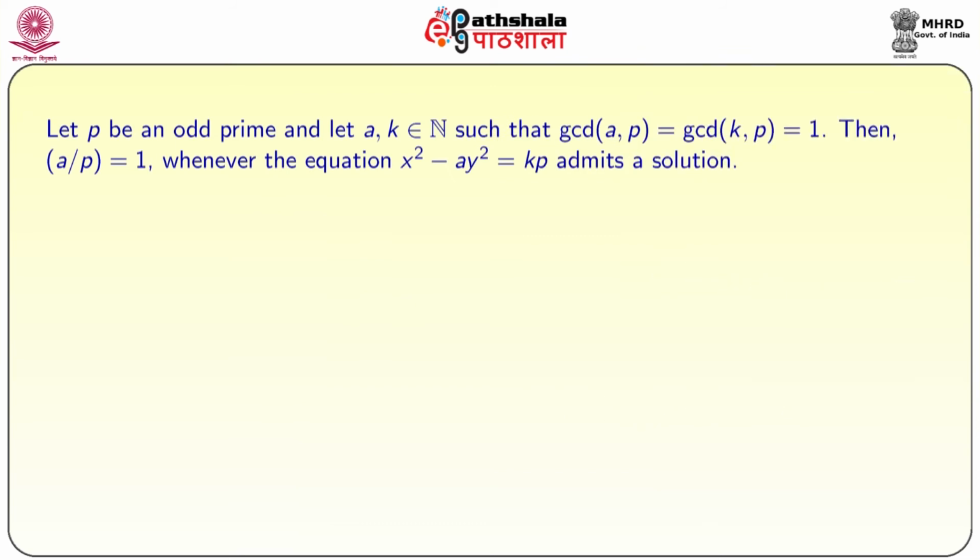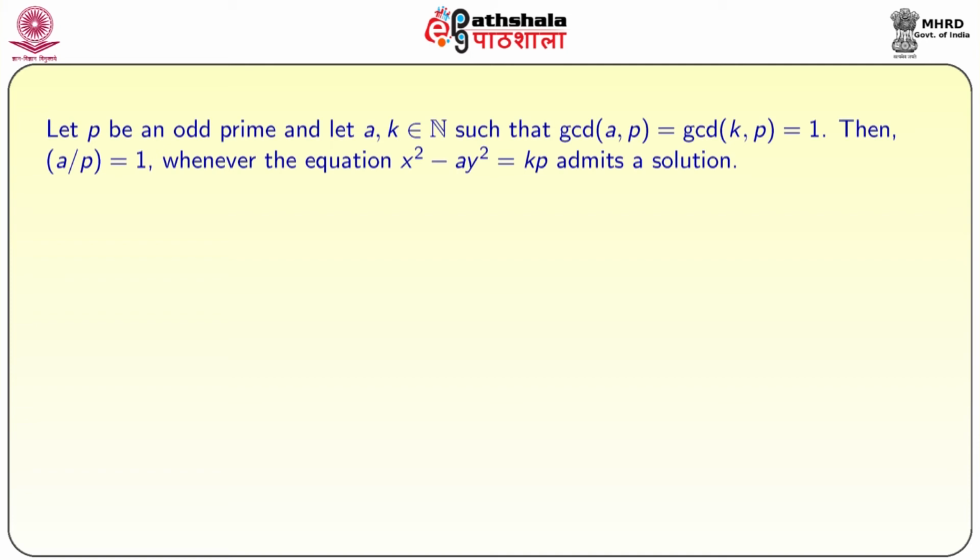So, now let p be an odd prime and let a, k belong to the natural numbers such that GCD of a and p and GCD of k and p equal 1. Then the Legendre symbol (a/p) equals 1, that is, a is a quadratic residue modulo p, whenever the equation x square minus a y square equals kp admits a solution.